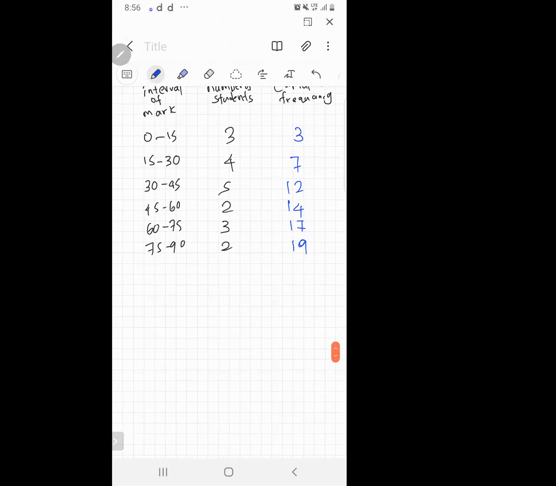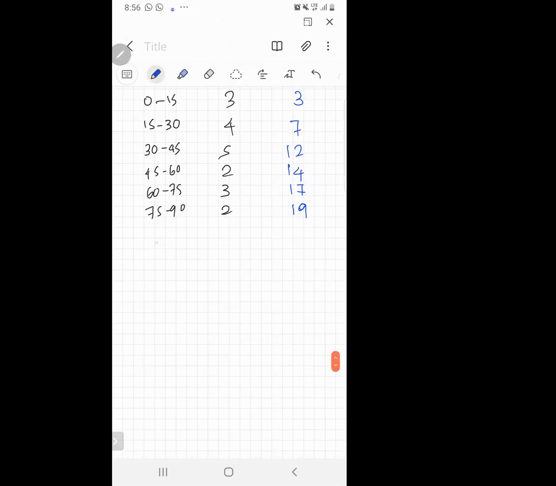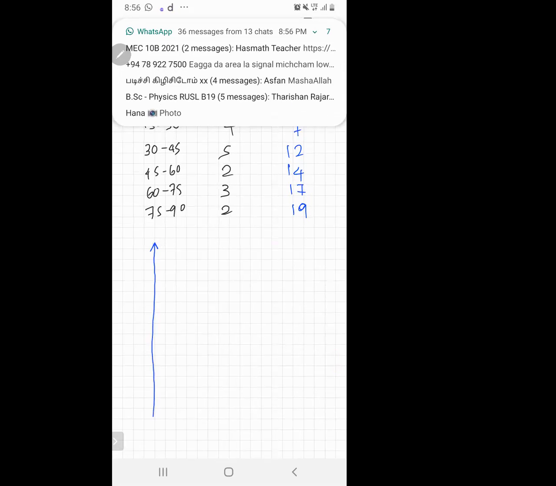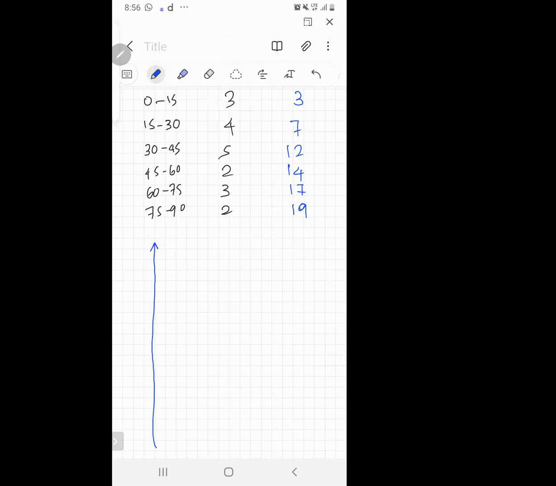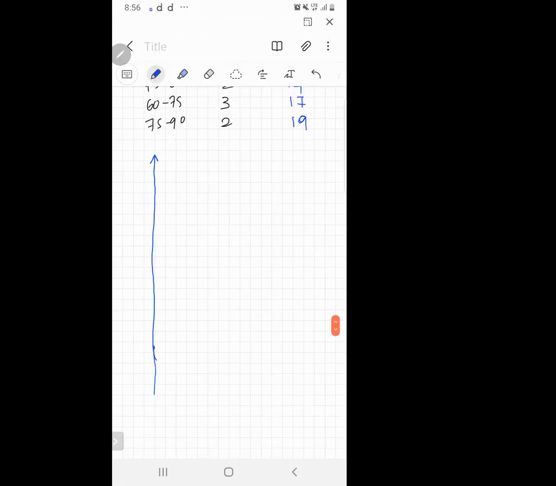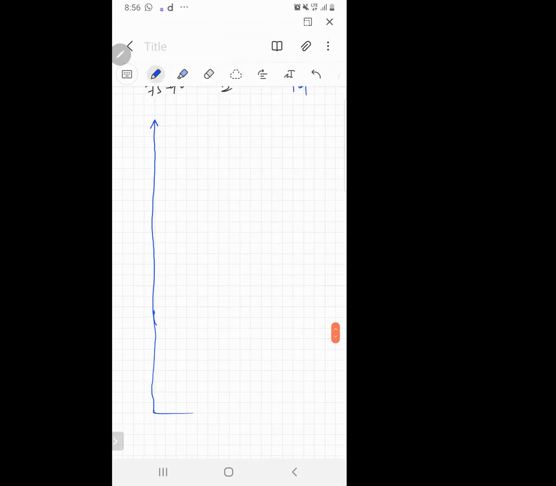So here, now I am going to draw cumulative frequency. So 19, I need to take 19. So here, marks 0, 0 to 15, 15 to 30, 30 to 45, 45 to 60, 60 to 75, and 90.